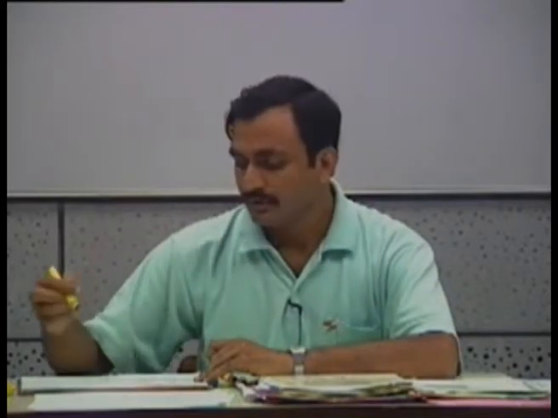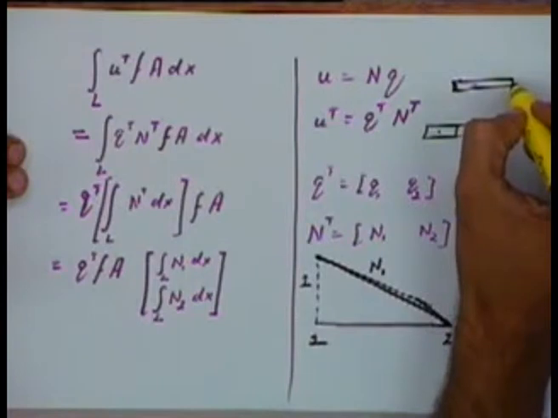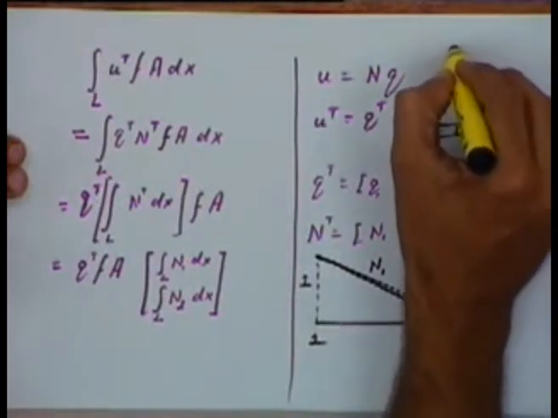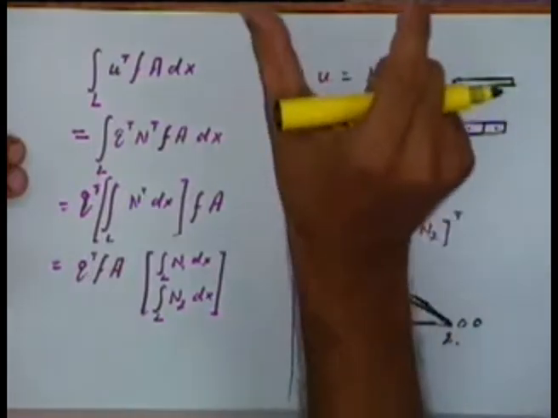Over the elements we'll get some analysis for this, some analysis for the next one, and then we'll just sum it up. Our aim is that we will take the elements small enough such that whatever assumptions we have made about this element will be valid. We have made the assumption that our displacements are changing linearly. Now that assumption will be valid only if my elements are small enough. If I take very large elements, that is probably not going to be true.